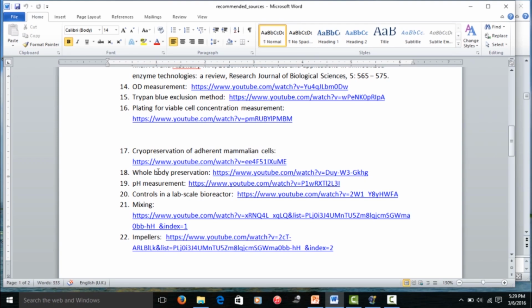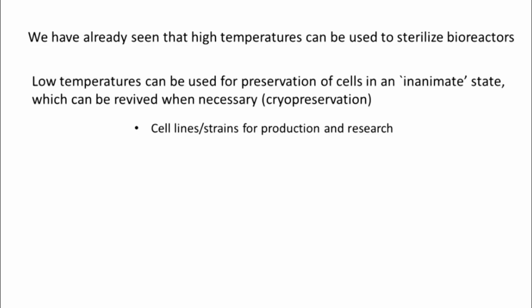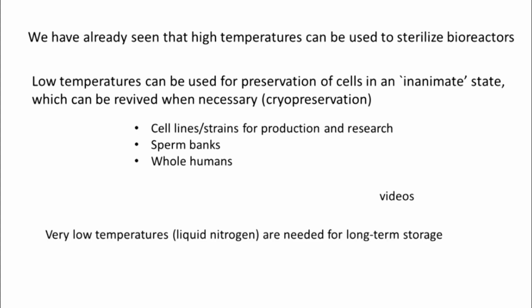Number 18 is whole body preservation. You can click on these links and watch these short videos to gain a better understanding of these processes. They are very interesting. Okay, those are the videos that we talked about.